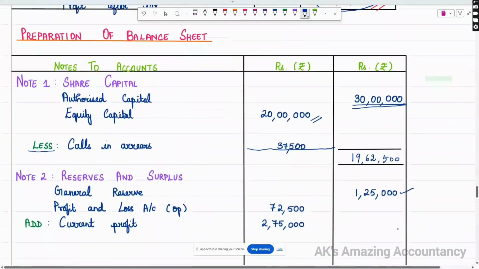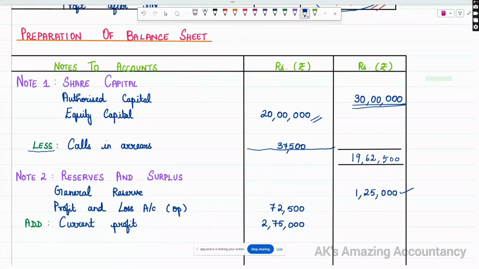So let us have a look at note 2 now. General reserve 1,25,000, which was given to us as the last item in the problem. Profit and loss account opening balance, which was already available in the main information of the problem itself. And the current year's profit, which is available from the statement of profit and loss. So this we have to take into account. Okay. So 72,500, 2,75,000.